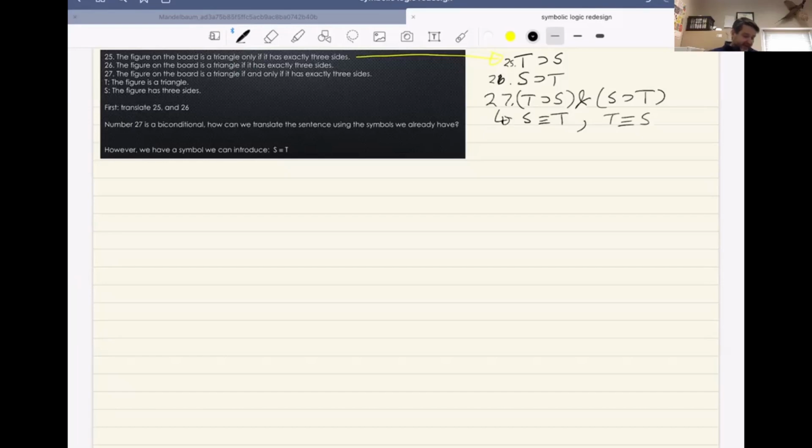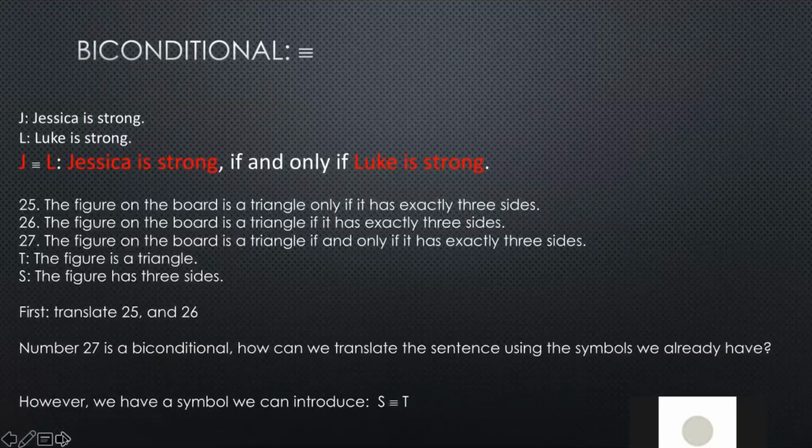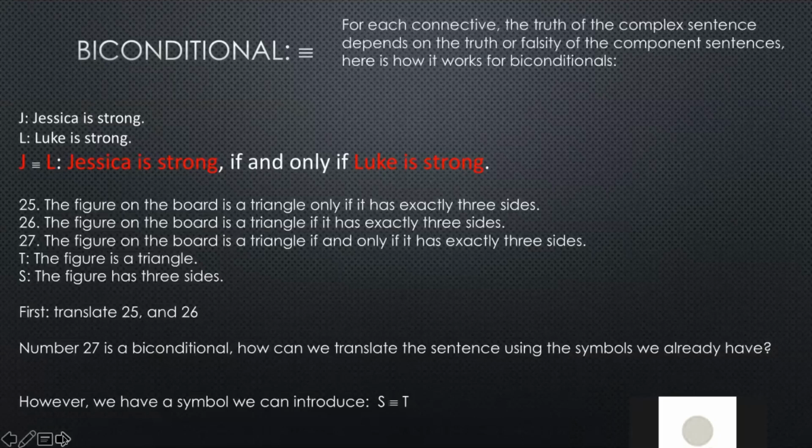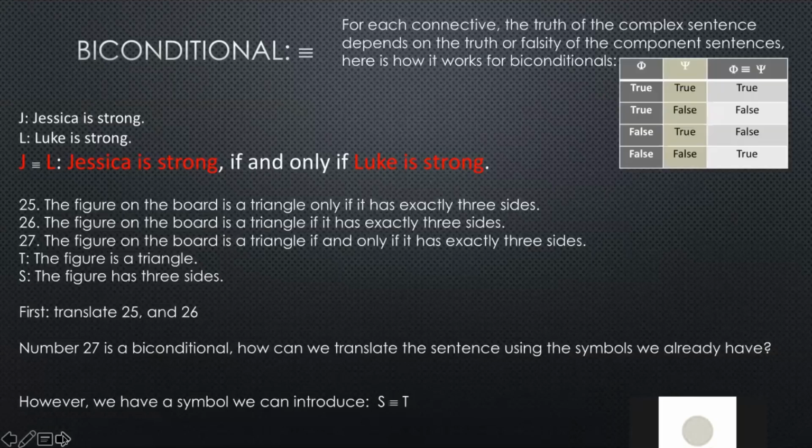Okay, let's go back to the PowerPoint. Again, for each connective, the truth of the complex sentence depends on the truth or falsity of the component sentences. And here is how that works for biconditionals.